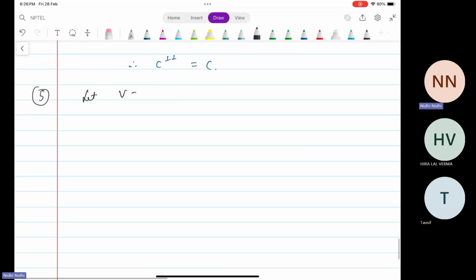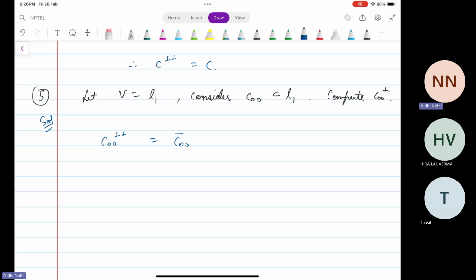Next, let V be equal to L1. Consider C00, the space of all sequences such that all but finitely many terms are zero. C00 is a subset of L1. Now in this case, compute C00 double perp. Solution: again, when we have a subset of the normed linear space, its double perp is given by its closure.